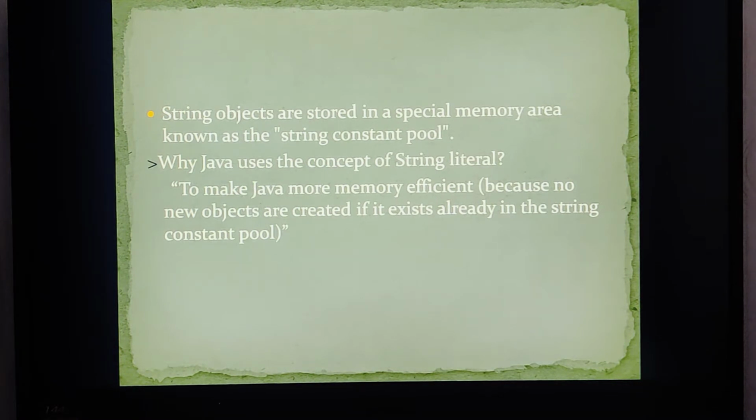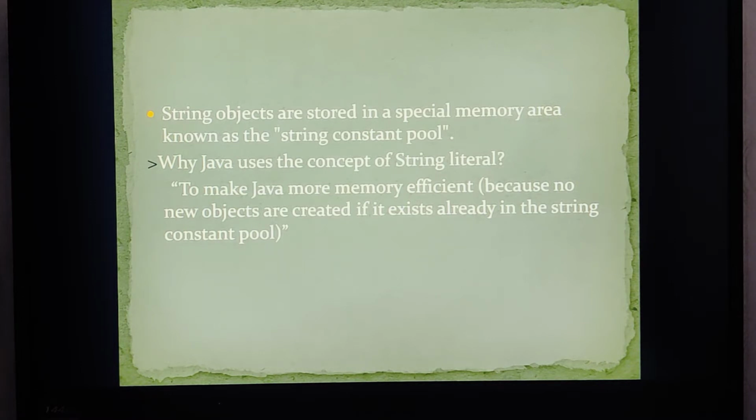String objects are stored in a special memory area known as the string constant pool. Okay guys, so did you get clarity about the string constant pool? Why does Java use the concept of string literal? As I told you before, to make Java more memory efficient. How? Because no new object is created if it already exists in the SCP memory area.